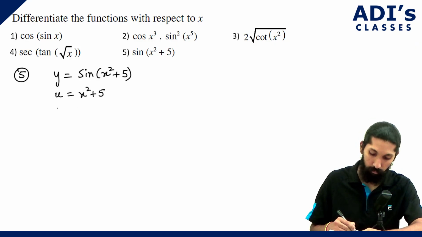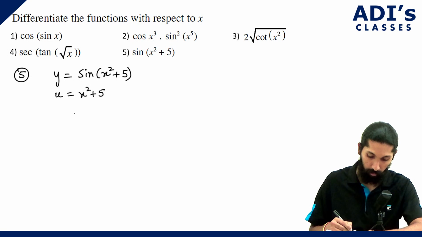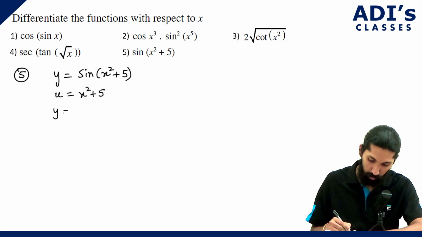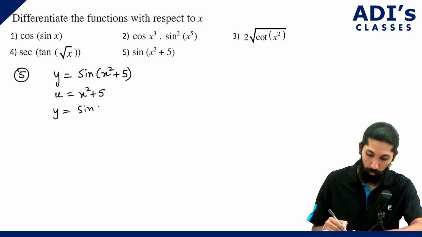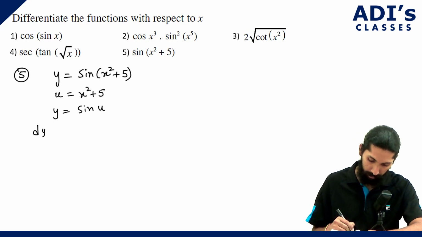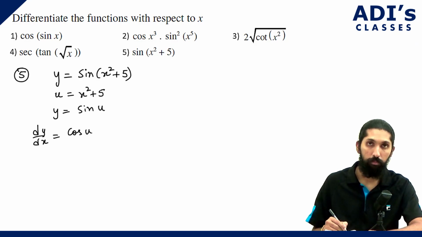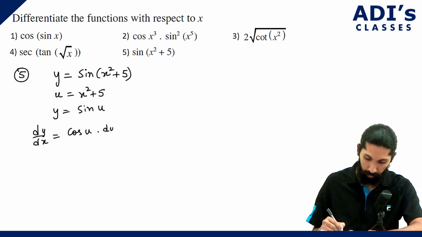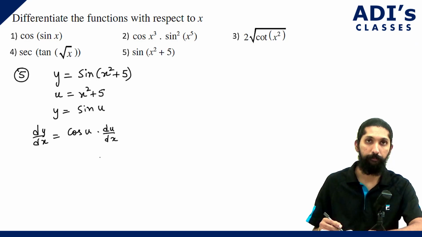Then y will be equal to sine u, correct? Just one. So what will be dy by dx? Cos of u into du by dx, correct?